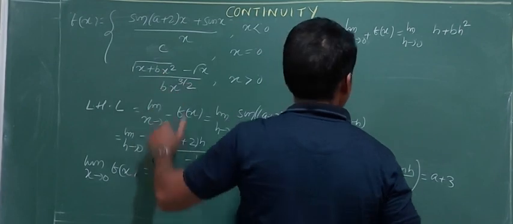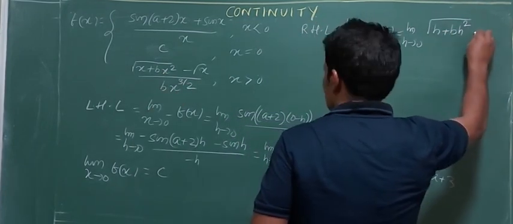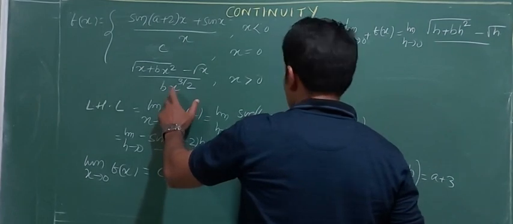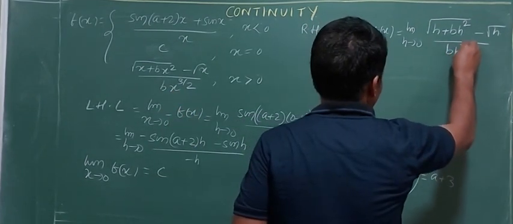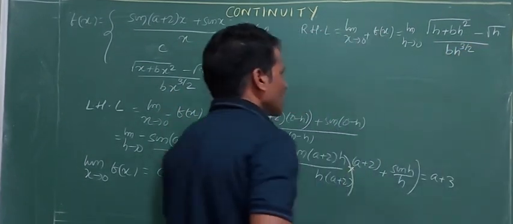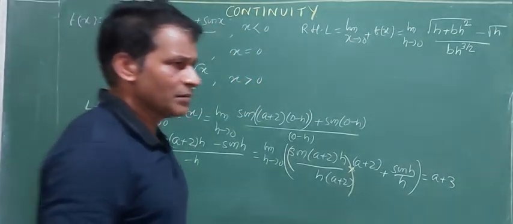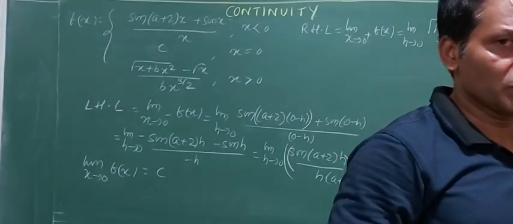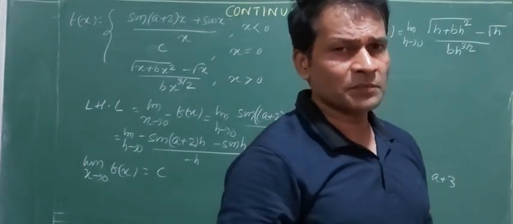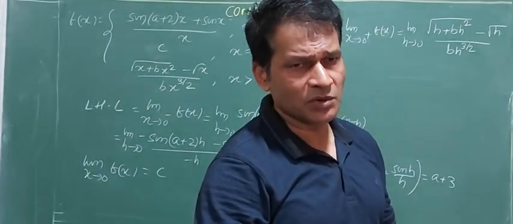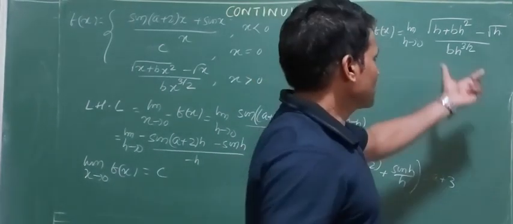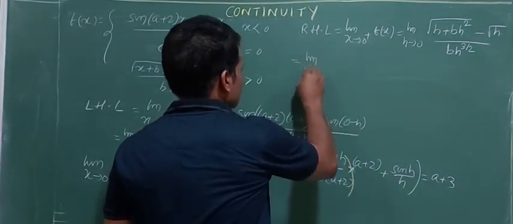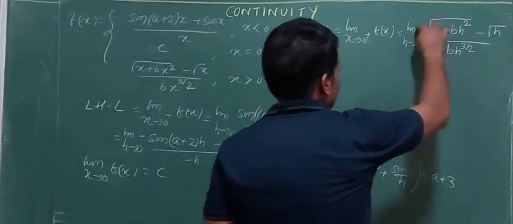Root of h plus b h square minus root h, by 0 plus h to the power 3 by 2. Whenever a term in the numerator or denominator is in 0 by 0 form, and it is in the format root a minus root b or root a plus root b, rationalize it. So rationalize this particular part, the limit as h tends to 0, rationalize in the positive term.